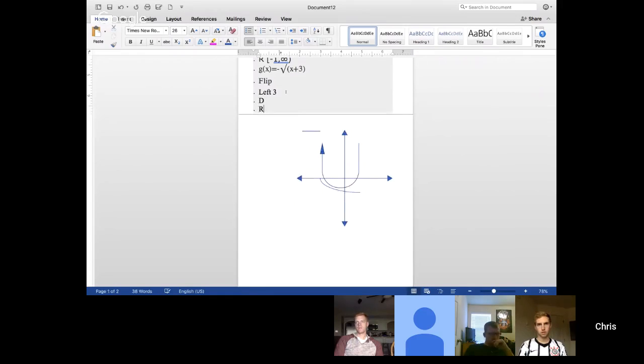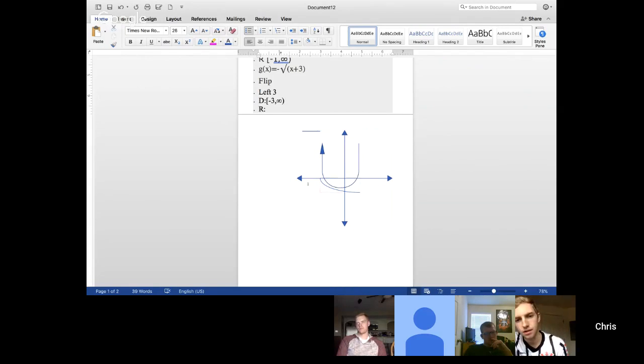Okay, let's do the domain and range. So the domain to me looks like we include -3 all the way out to infinity. Is domain on the y-axis or on the x-axis?